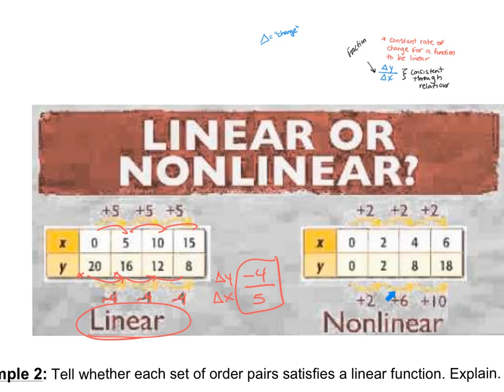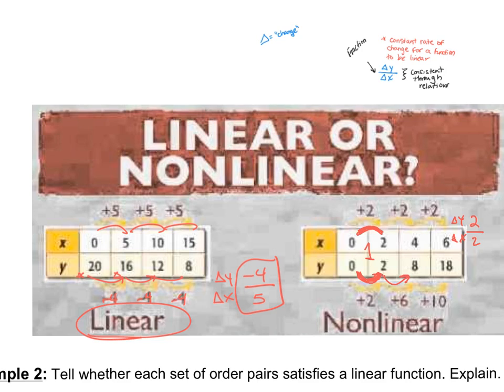If we look at the nonlinear function here on the right, you're going to notice that the change of y is 2, but from here to here it's 6. And when you do the change of y over the change of x, remember, change of y is 2, change of x was 2, that gives you 1. So the rate of change from the first point to the next point was 1.